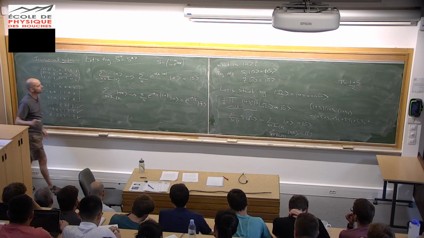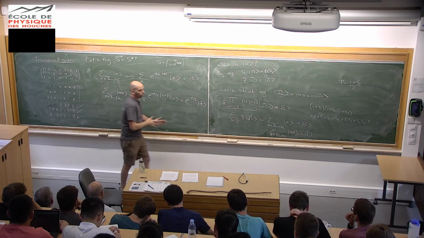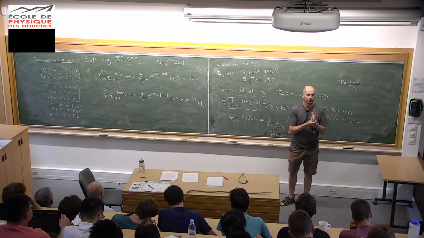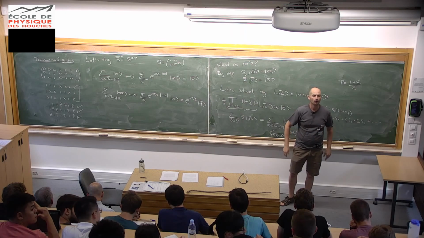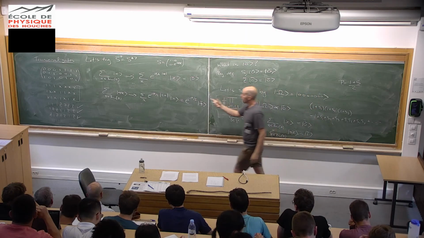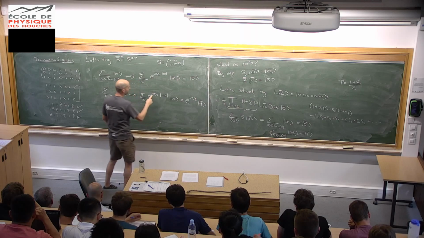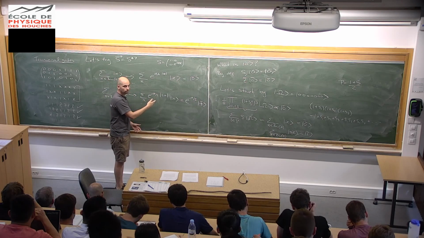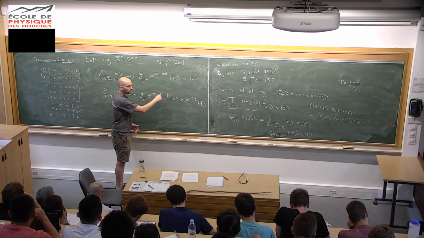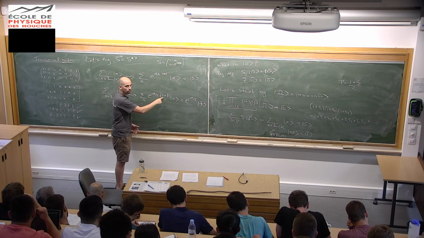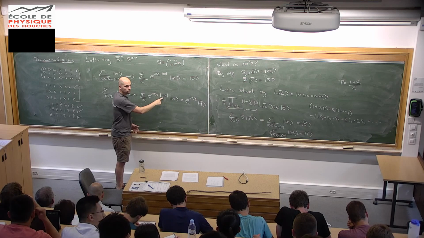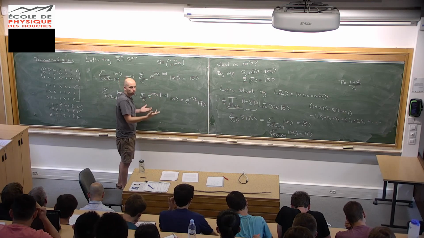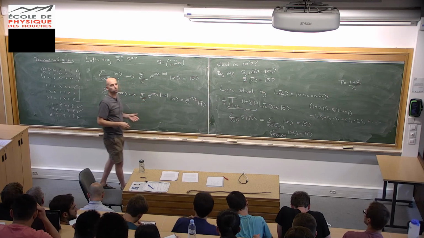Okay? So you understand now. Was that clear? Why do I have mod 4? Well, because if I add multiples of 2 pi, it doesn't matter. So I only care about the weight mod 4, because if I multiply by 4, I get 2 pi, and I don't care about 2 pi's.